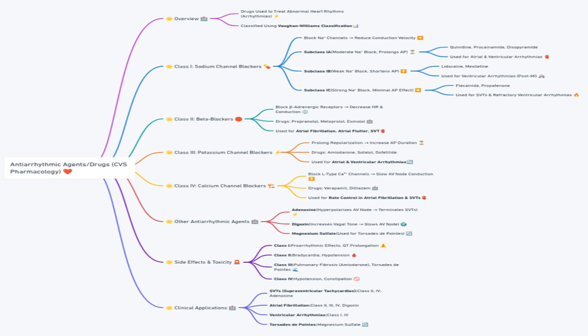Vernakalant is a multi-ion channel blocker that was developed for the treatment of atrial fibrillation, and Vernakalant prolongs the atrial effective refractory period and slows conduction over the AV node.